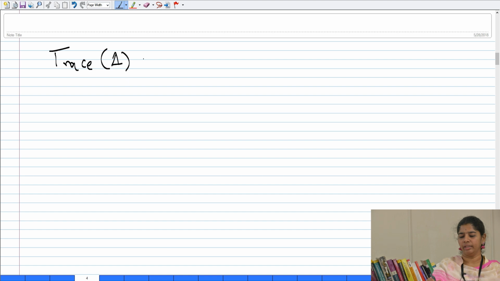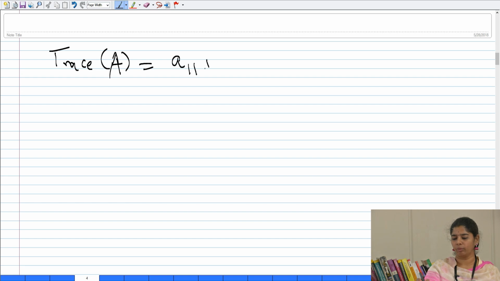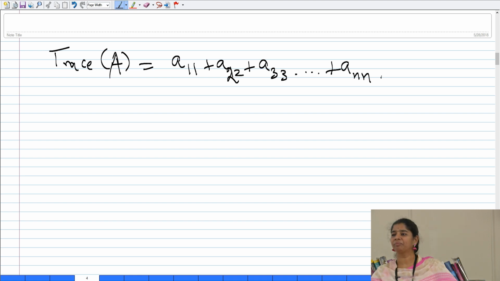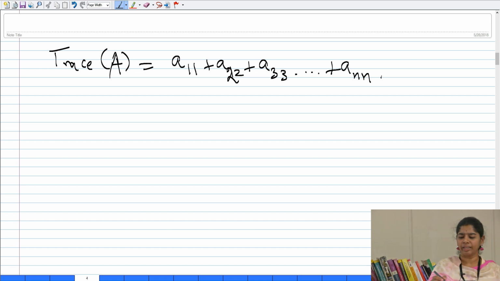The trace of a matrix A is nothing but the sum of all the diagonal elements, right? A11 plus A22 plus A33 and so on plus Ann. And in some books you can see they follow the notation Tr of A.